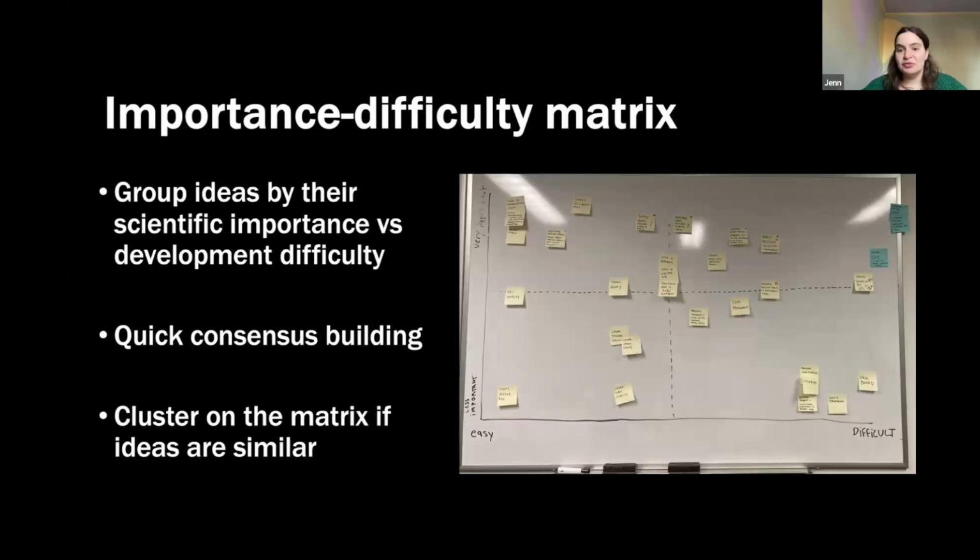That allows you to do a quick cut of like, okay, clearly these are very important and easy, so we might want to start with those ideas, or these other ideas are difficult and they don't seem that scientifically important, so we might never build them. They'll just add clutter. They're not important. It helps build consensus.